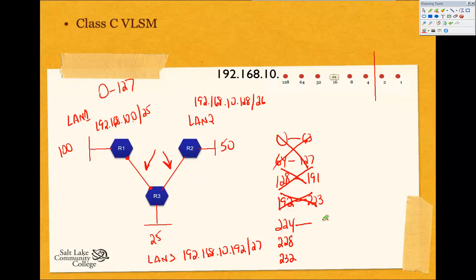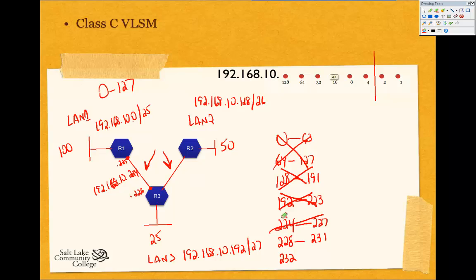Now we just fill out the range. That'll go to 227, and that'll go to 231. So you should be saying to yourself that the addresses, right, the interfaces here and here, if I assign the .224 network to it, are going to be .225 and .226. And the network for here will be 192.168.10.224.